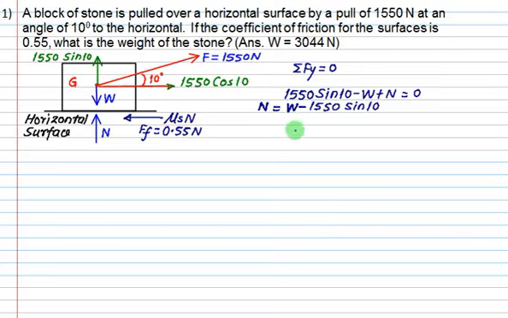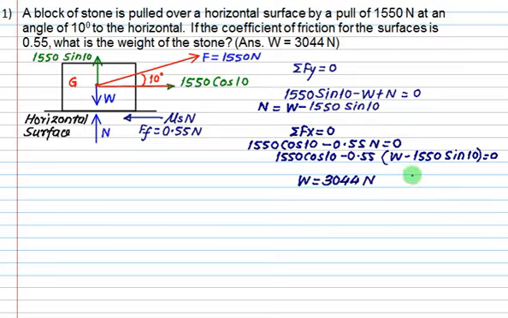Then the sigma Fx equation: the 1550 cos of 10 is a positive value, whereas the only force acting on the opposite side is the friction force, 0.55 times N. So if you solve this equation, your answer is W equals 3044 Newton.